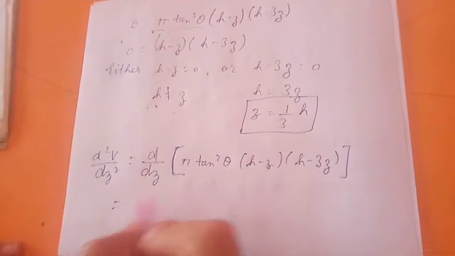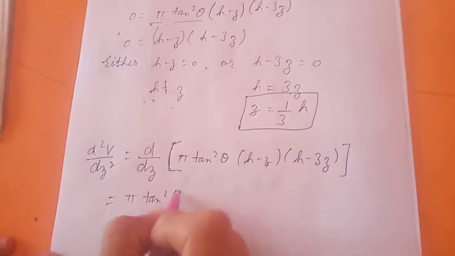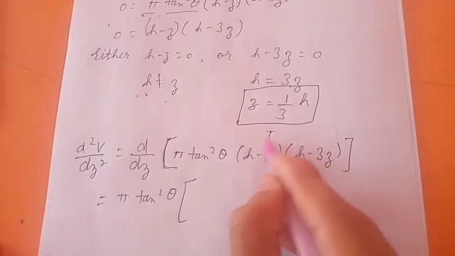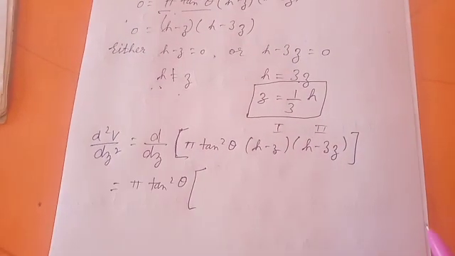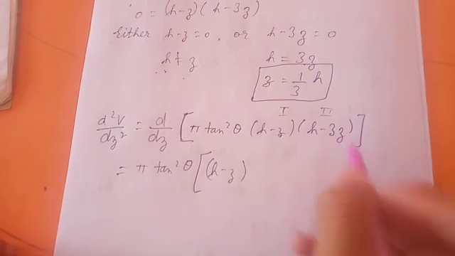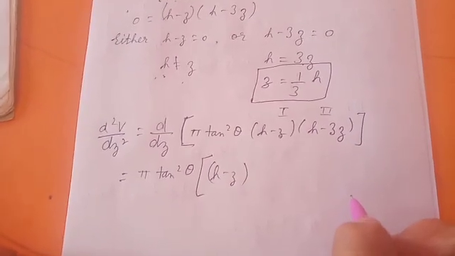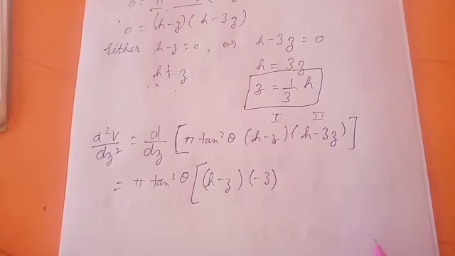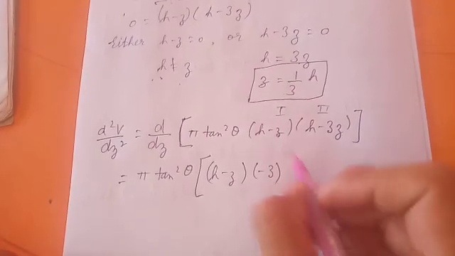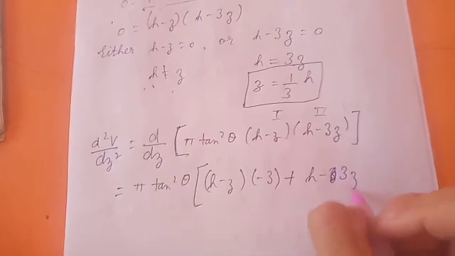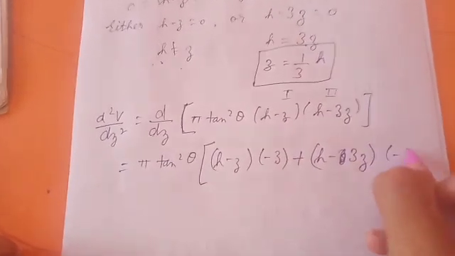Okay, so what will we get? Pi tangent square theta will be as it is because it is constant. Now taking this as first, this as second, so by product rule, first as it is, differentiation of second, that will be minus 3, plus second as it is, differentiation of first, that will be minus 1.